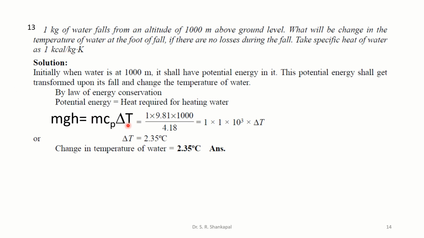Then m c_p delta T: m is 1, c_p is 1 into 10 to the power of 3, the specific heat of water, and the temperature change is delta T. By balancing mgh with this value and calculating the unknown delta T, I get 2.35 degrees Celsius. That is the increase in temperature of the water.